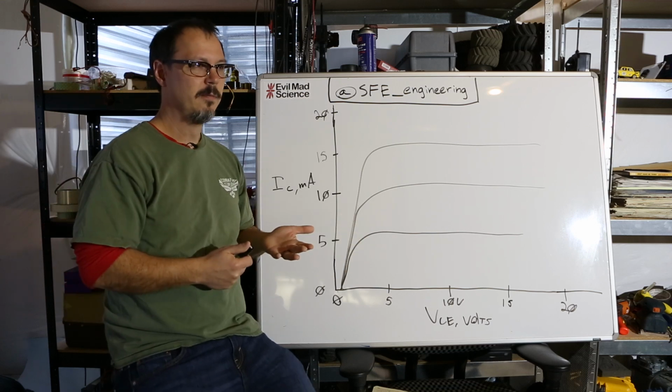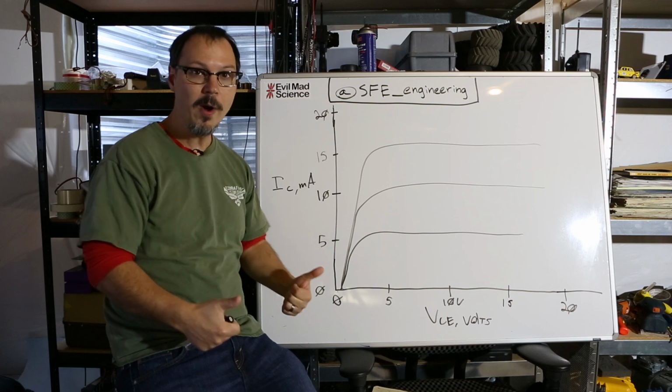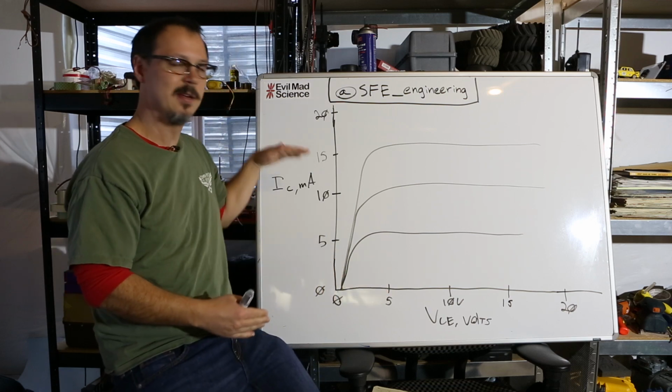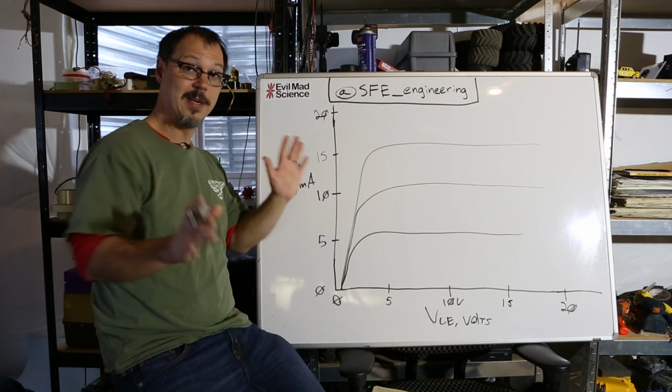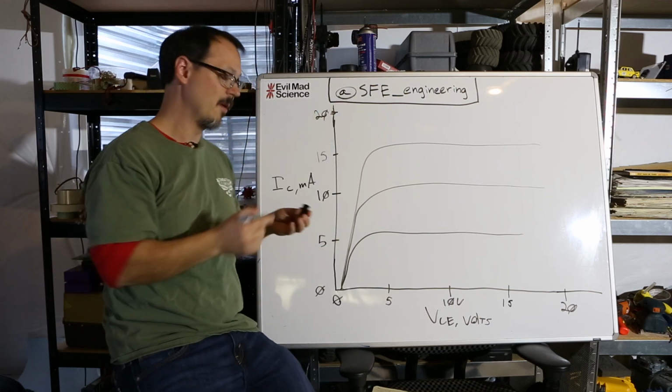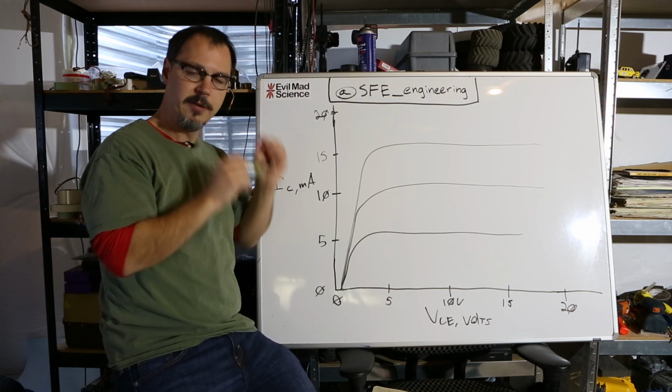If you've got the transistor turned on all the way, the most current it can pass is going to be some value. In my design example, it just happens to be 20 milliamps, okay? Now, same thing in the other direction.